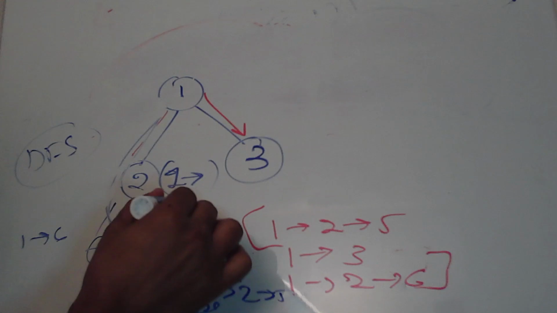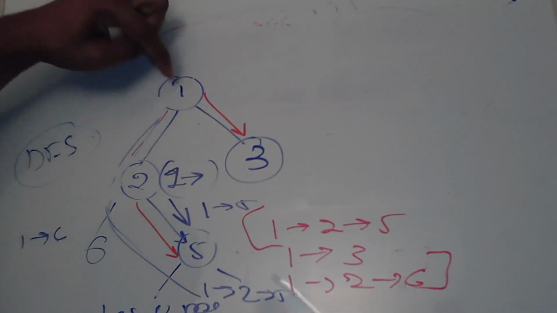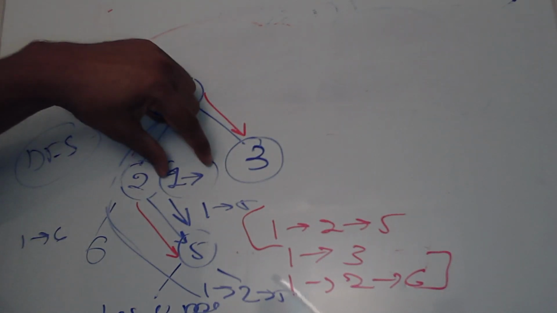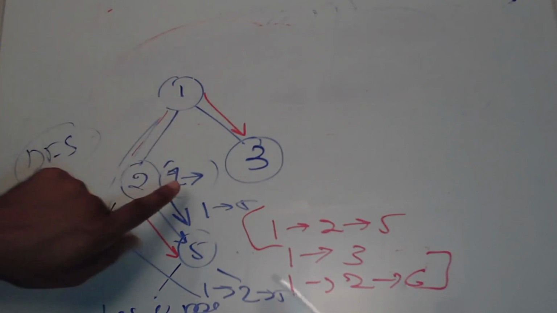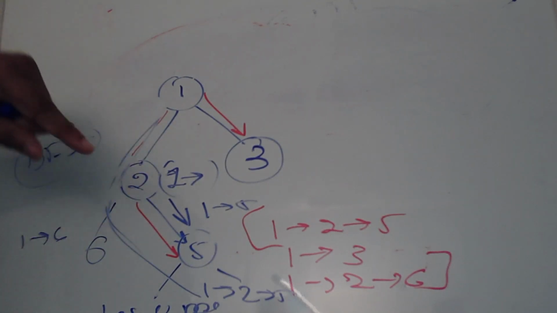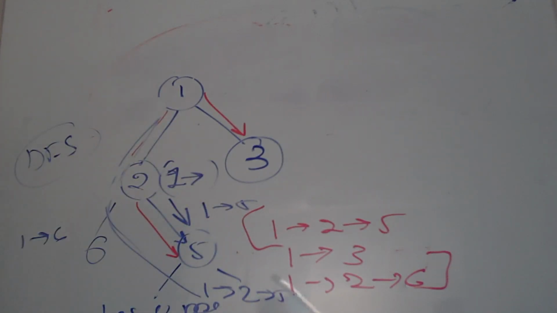If it goes into this path, we're going to add 5, and so on. So every time it comes from the root, we will keep constructing this string and keep passing it as a parameter to our recursive function.